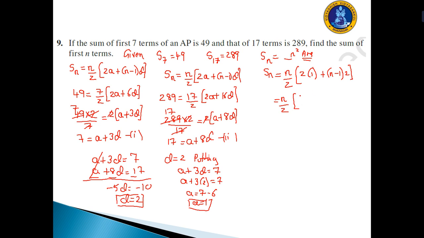If I open that bracket, then 2 plus 2n minus 2. So this cancels. n by 2 into 2n. This cancels. So the answer is n squared. So Sn is equal to n squared. So we already had a shortcut method. S7 is 49, a square of 7. S17 is 289, a square of 17. Thus Sn is equal to n squared, we can get the answer.